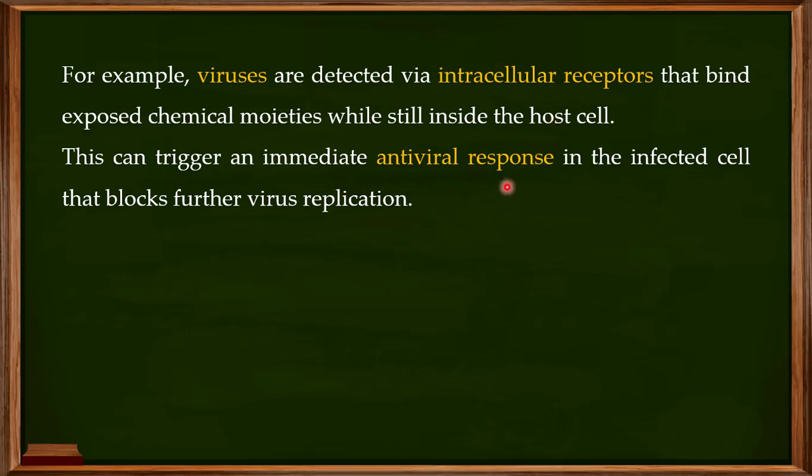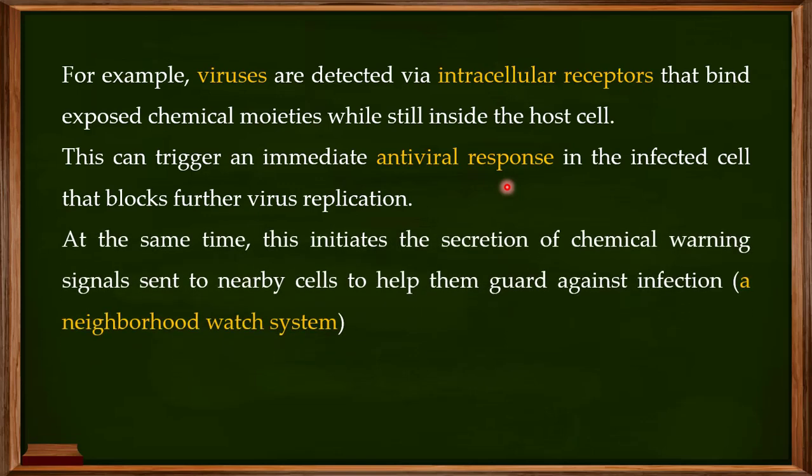This can trigger an immediate antiviral response in the infected cells that further blocks the virus replication. This is one of the consequences of the interaction between the PRRs and the PAMPs when you're talking about an intracellular pathogen.